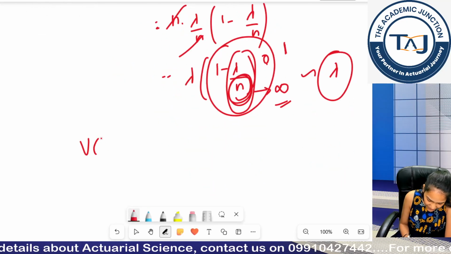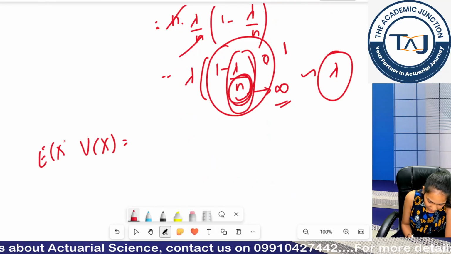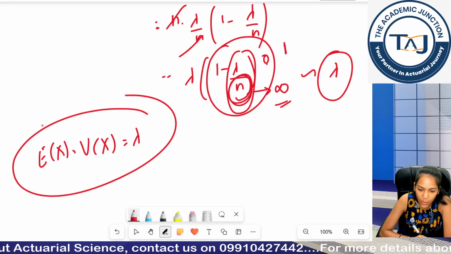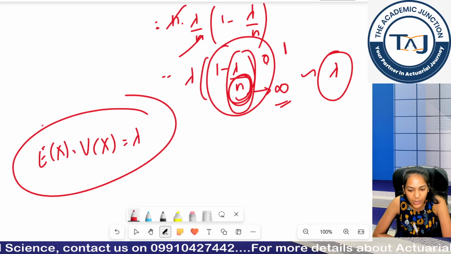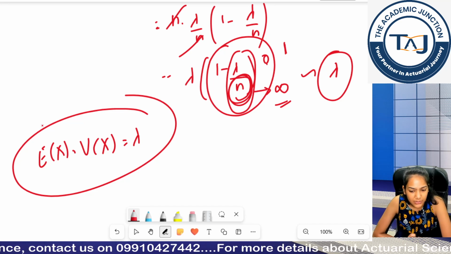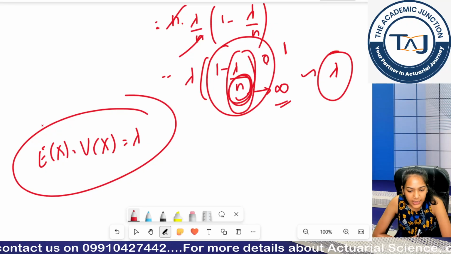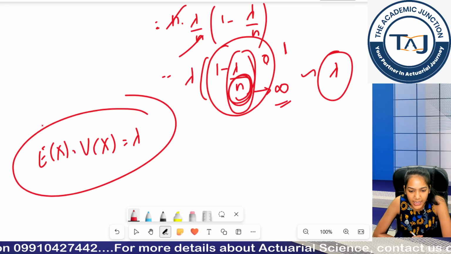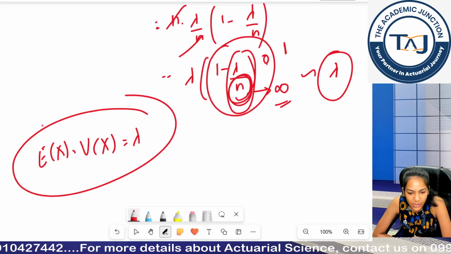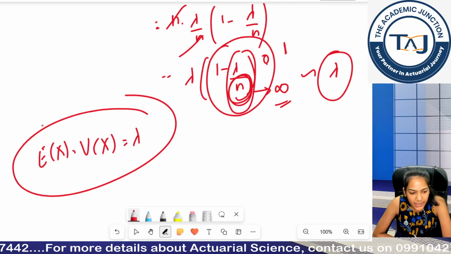My variance is equal to mean is equal to lambda. This is the only distribution in statistics in which the mean and variance are equal, and that is also equal to the parameter itself.